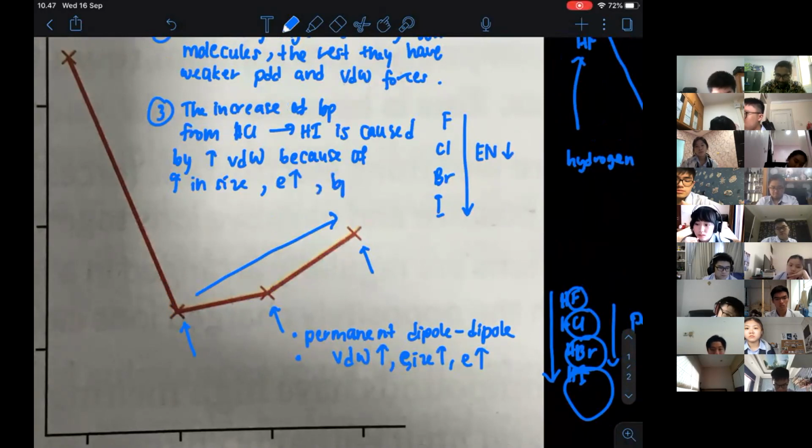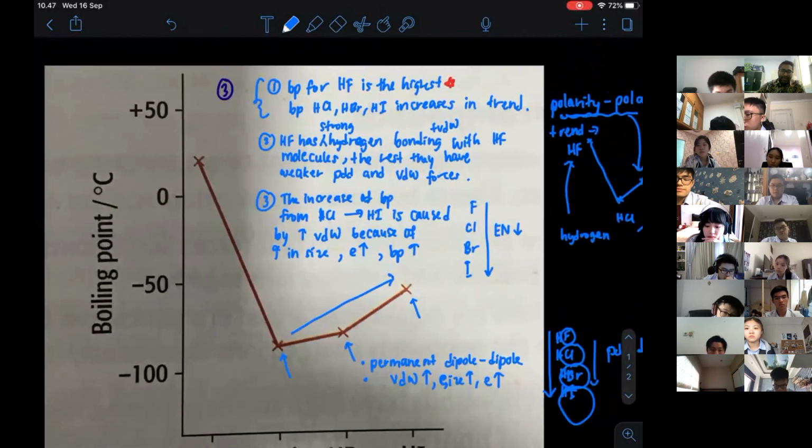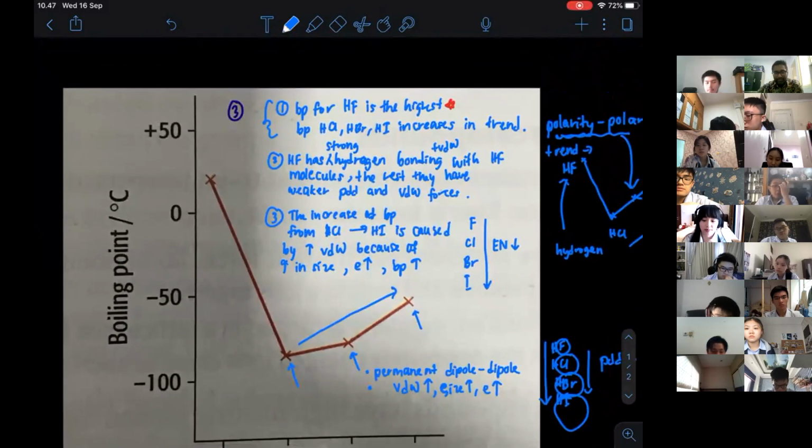That gives you the higher boiling point. Please put it in your own words. So that will be 3 points that we discussed about this graph.